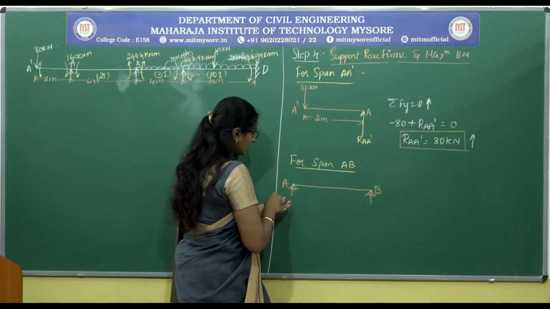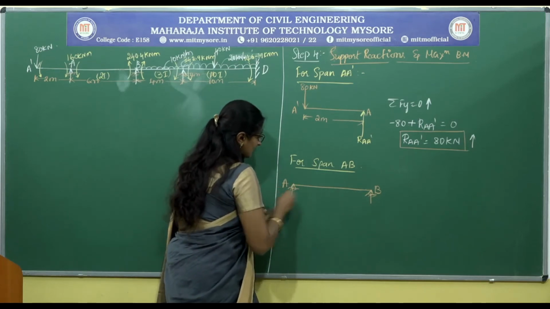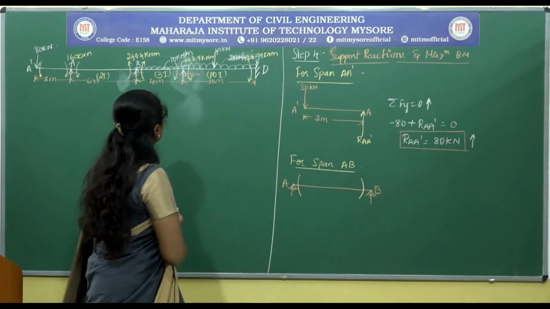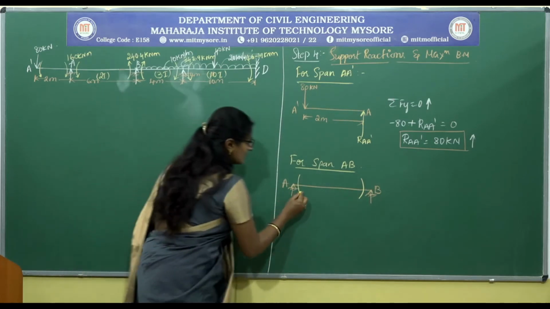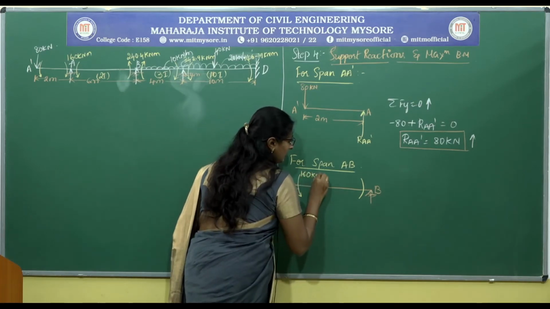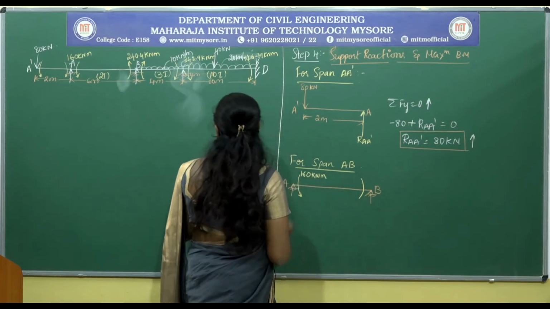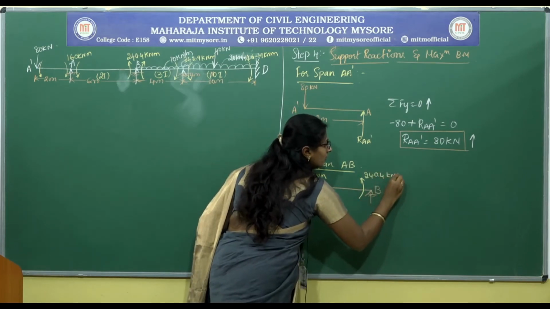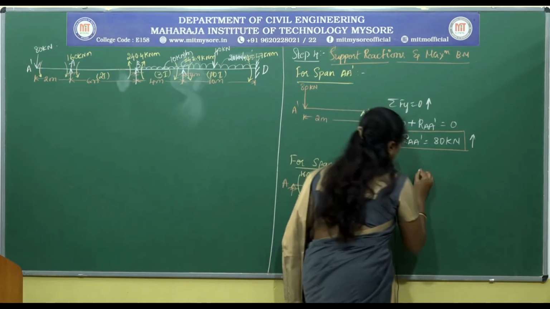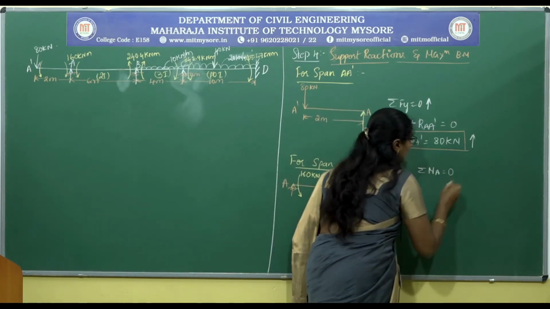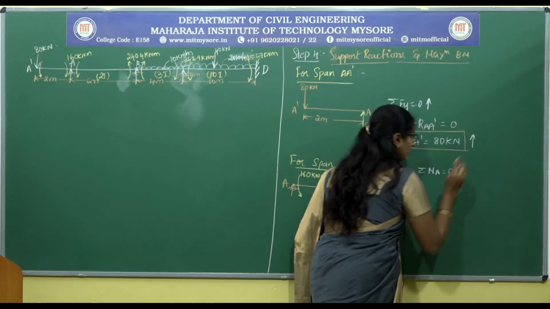We have to consider only the moments. From our calculation, the moment at A is 160 kilonewton meter, and at B, it is BA, 240.4 kilonewton meter. For this, I will consider the condition sum of all the moments at A is equal to 0.